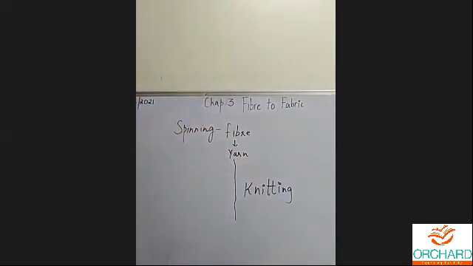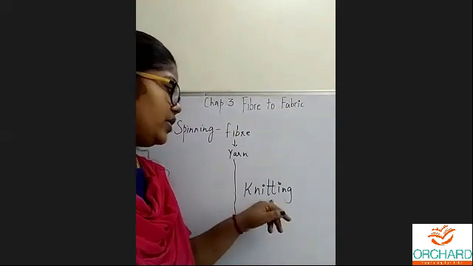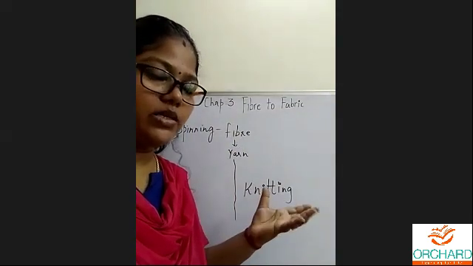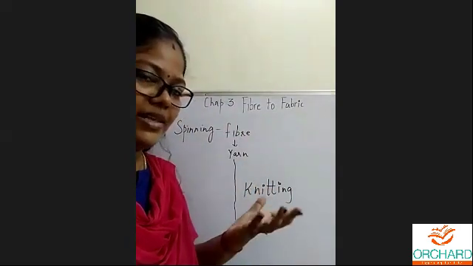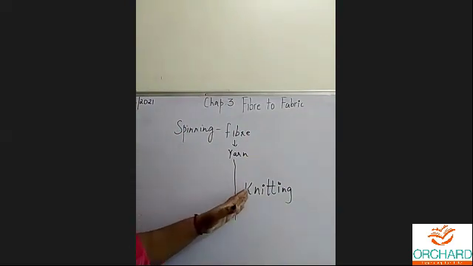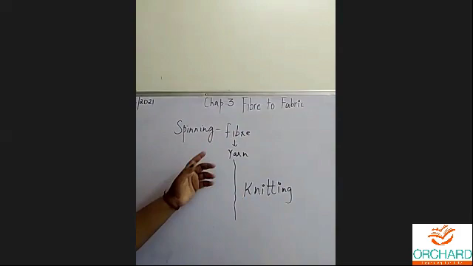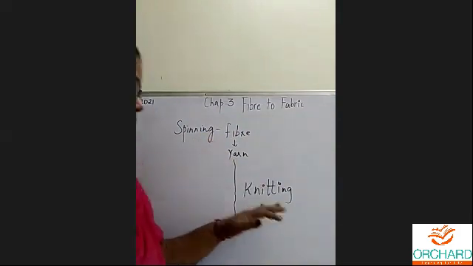So with the help of knitting, yarn is converted to fabric. So we get sweaters, socks, mittens, many things, all the woolen garments. Knitting is a process that helps us convert the spun yarn into fabric.